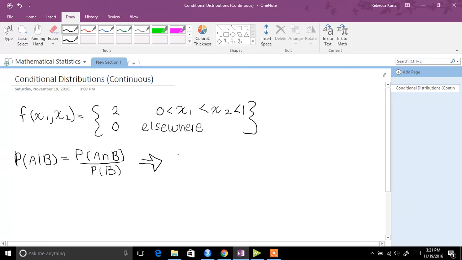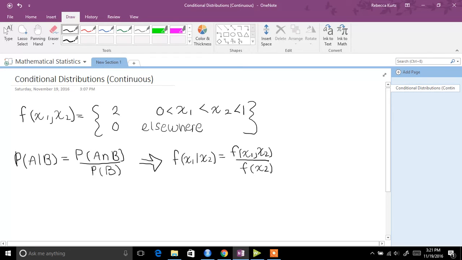So, for instance, if we wanted to define f of x1 given x2, we would use the joint distribution on the top, f of x1, x2, divided by the marginal distribution that is of interest. So in this case, it would be f of x2.